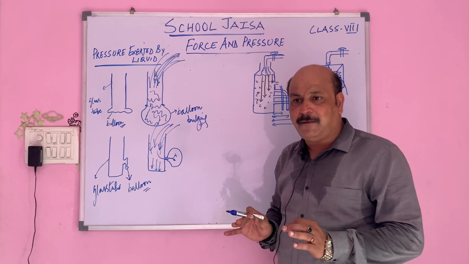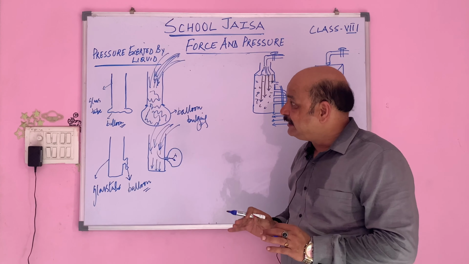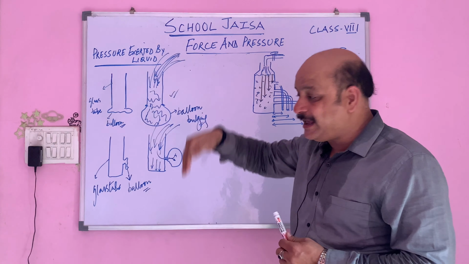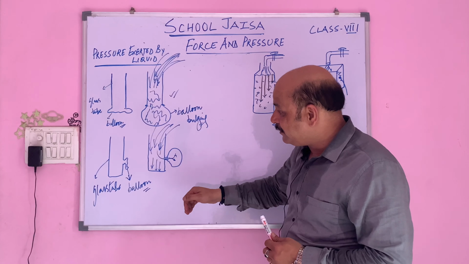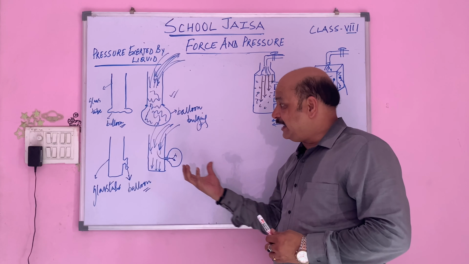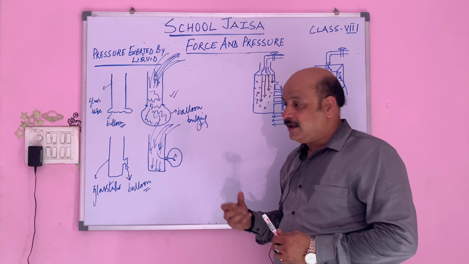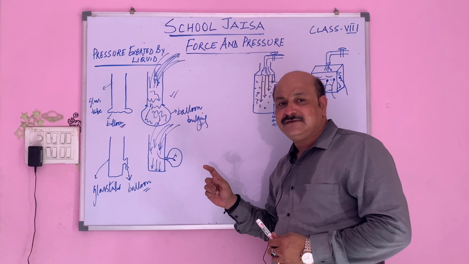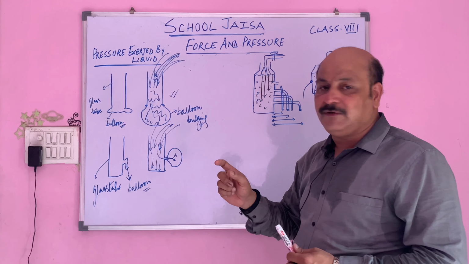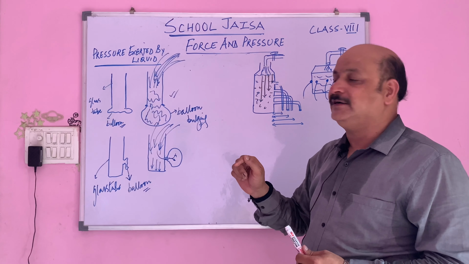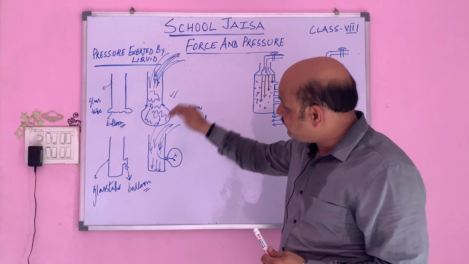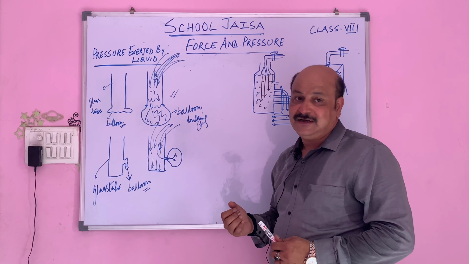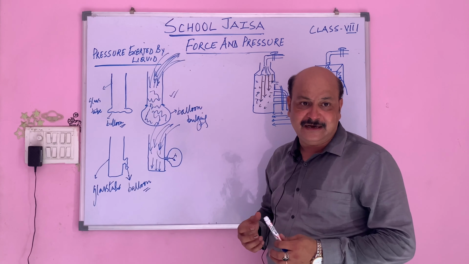So what comes to our mind? In the earlier case the pressure was exerted at the base, but here the base is closed and the balloon is on the side, and even then the balloon is bulging. So it tells that the pressure of the liquid does not get exerted only on the base but also on the sides or on the walls of the container.